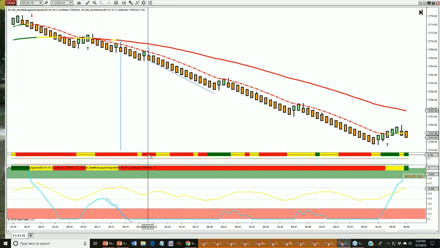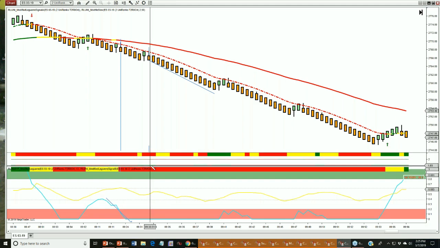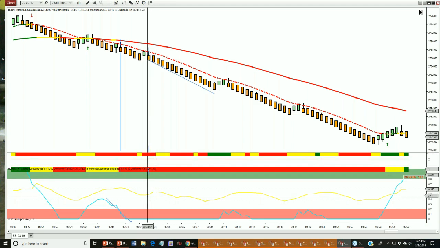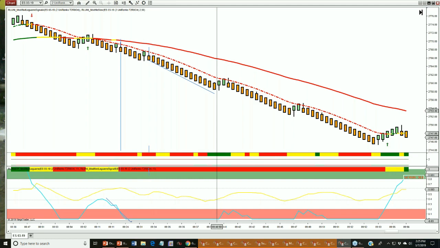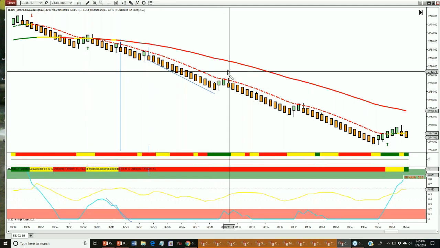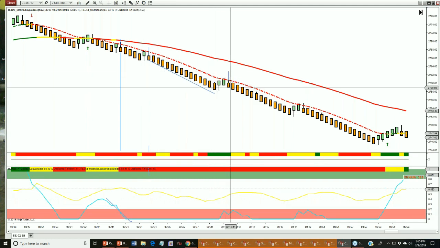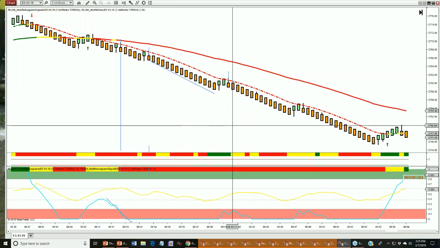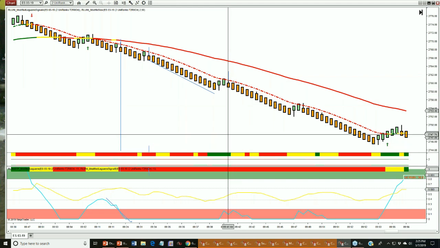Order flow is red, gear is red. And you can see the gear line locked at the bottom. Right here, pull back, continuation, you have no trade. Order flow does not let you take this trade.